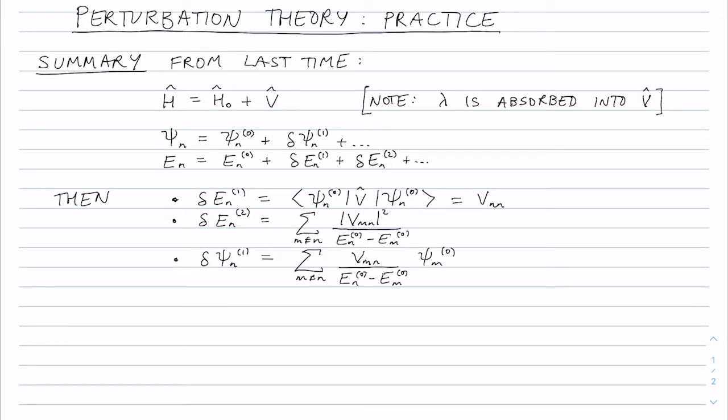Okay. And what we didn't get to last time is talking about the conditions of applicability. So it's probably a good time to do that now. Conditions of applicability: when can you use it? Firstly, we need that V or lambda V is small. And what does small mean in this case?